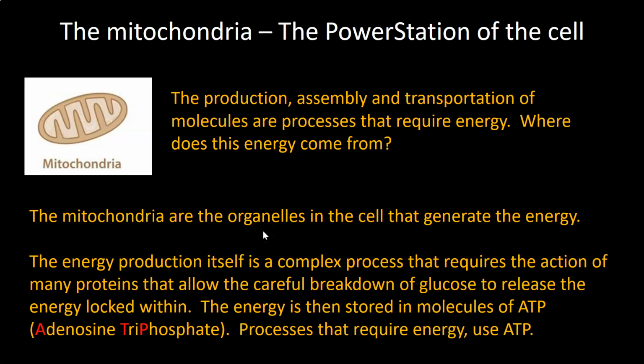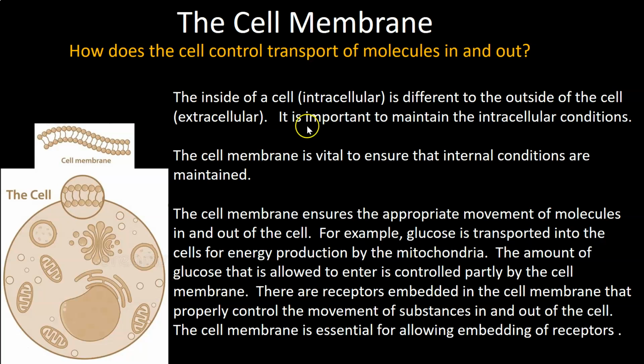So to quickly summarize then, the mitochondria is the organelle which produces energy. Very important. The next organelle that I wanted to talk about is the cell membrane. It's this membrane which encapsulates the cell and holds everything inside. That's one of the functions of the cell membrane, to keep everything inside.